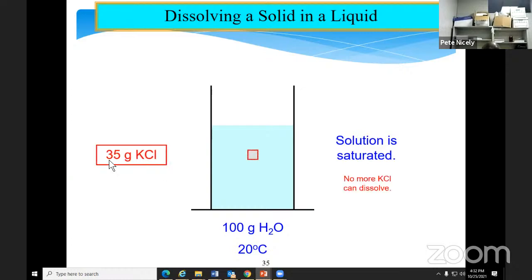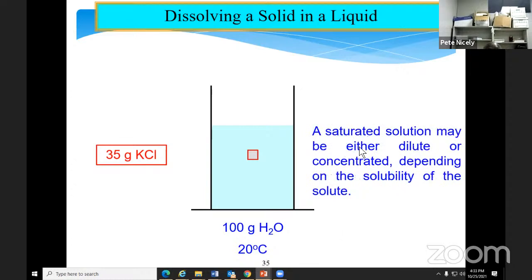So if you add another gram, then that extra gram will not dissolve. So no more potassium chloride can dissolve, because the solution has already achieved the saturation level at 34 grams of potassium chloride for 100 grams of water. So if you try to add any more potassium chloride on top of that, the extra potassium chloride will not dissolve.